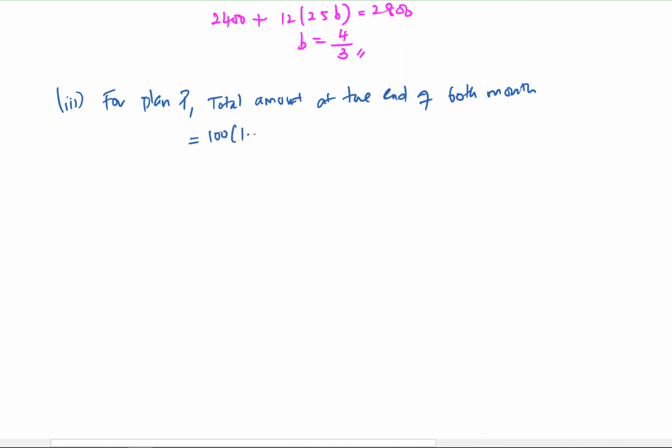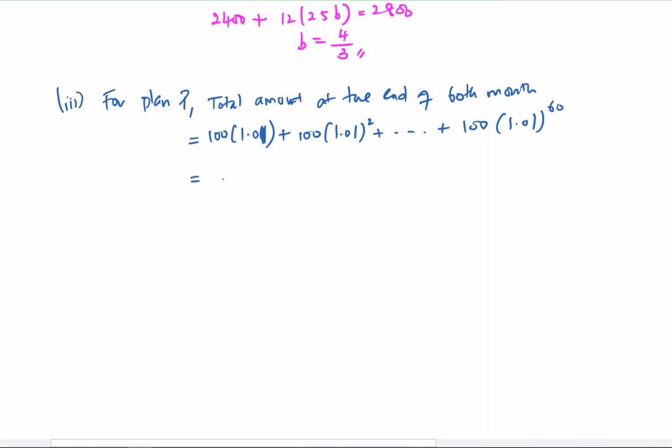In this case, the value increases by 1.01, so 1.01, plus 100 times 1.01 power 2, plus all the way to 100 times 1.01 power 60. I hope you all can see. So I'm replacing the capital N by 60 in my table.